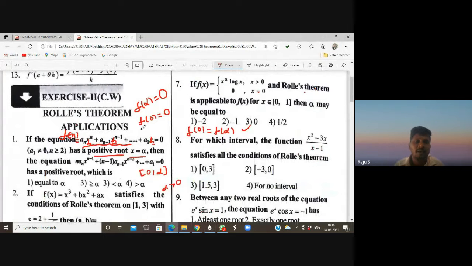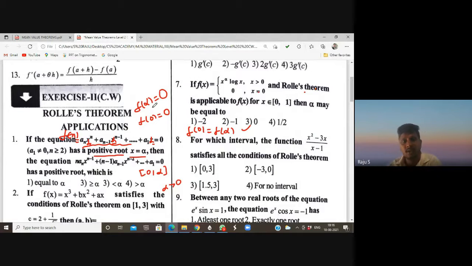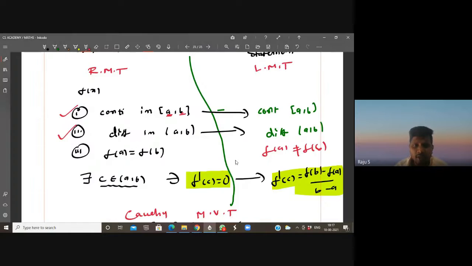I told you very clearly, every polynomial is always continuous and always differentiable. We needed to check the third condition, and we got it: f(0) = f(alpha). According to the statement, taking the interval 0 to alpha, there exists a point C belonging to (0, alpha).